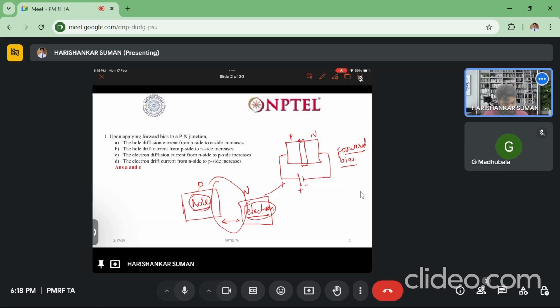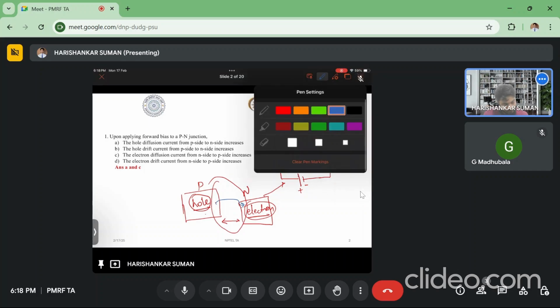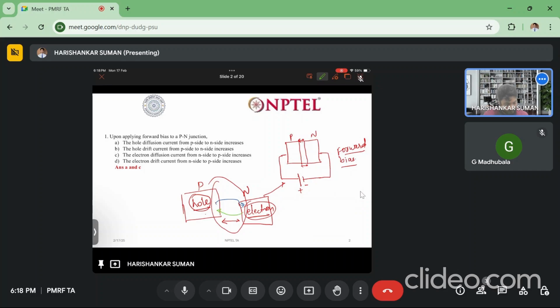Due to the concentration gradient, the hole concentration on this side is higher compared to electrons, so holes diffuse from P side to N side initially, and electrons from N side to P side initially.